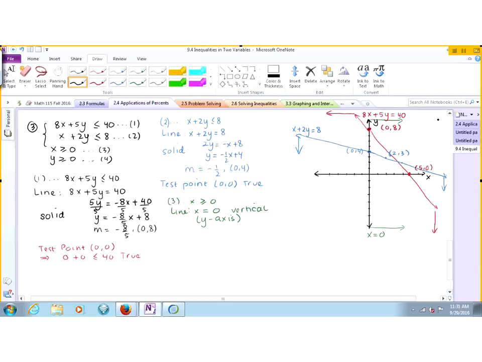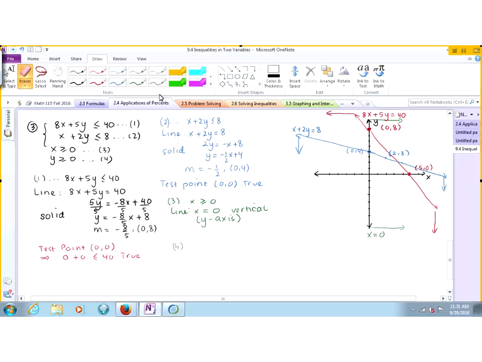That's why this area is x is greater than or equal to 0. So for a vertical or horizontal line, you do not necessarily pick a test point because it's really obvious. This is x equals 0. Which side is greater than 0? Of course, to the right.